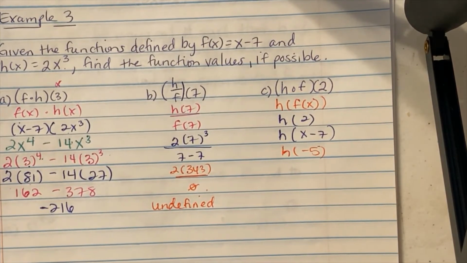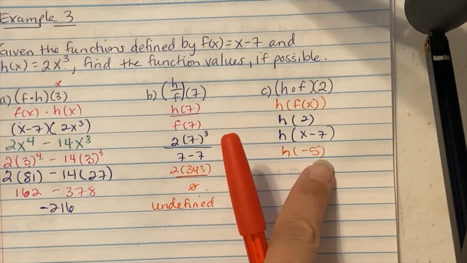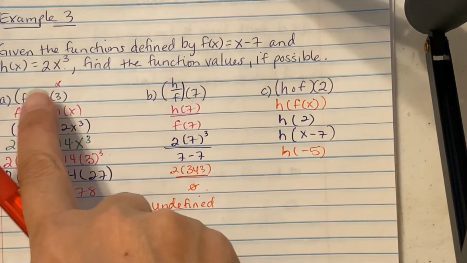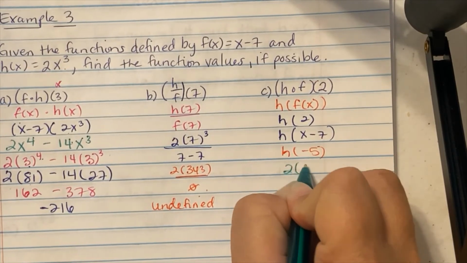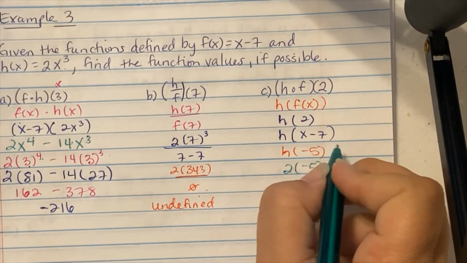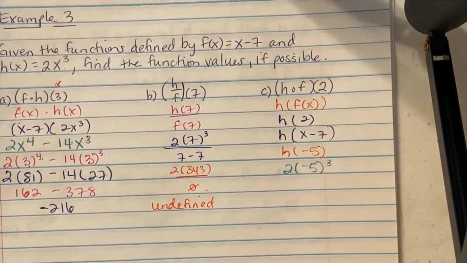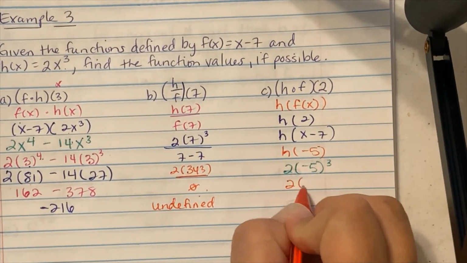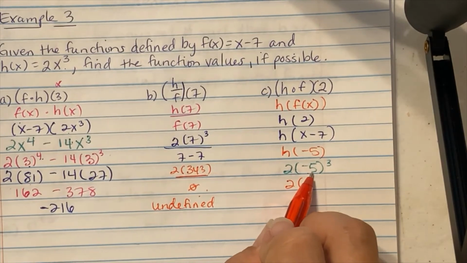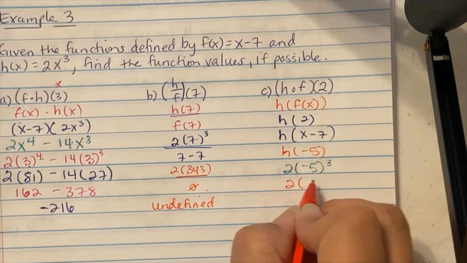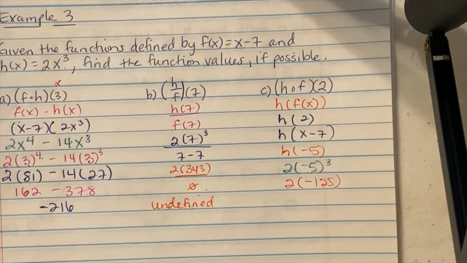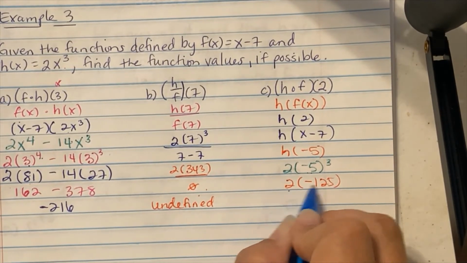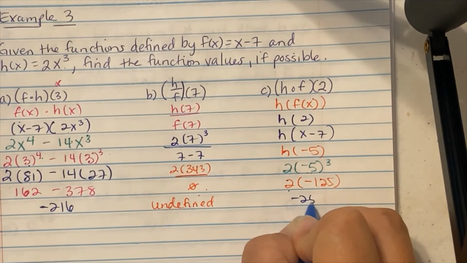Now we're plugging the negative 5 into our h of x equation. So 2 times negative 5 cubed. Remember the rules. Exponents have to come first. So negative 5 repeated 3 times, still negative, so it's negative 125. And then finalize your math. So 2 times negative 125 makes it negative 250.